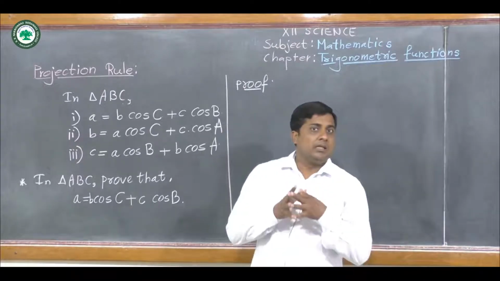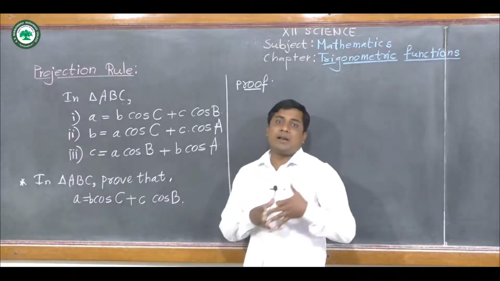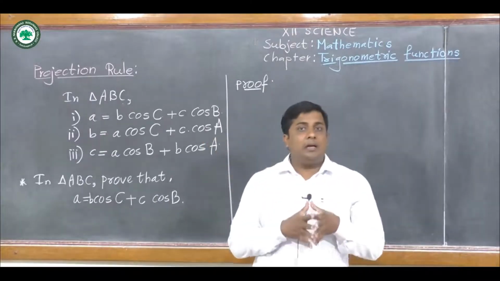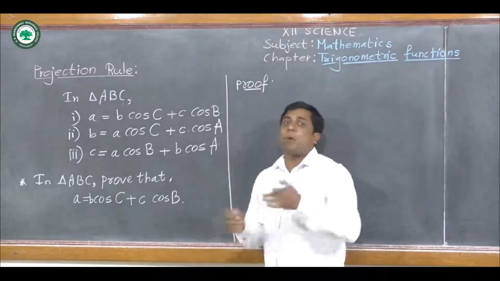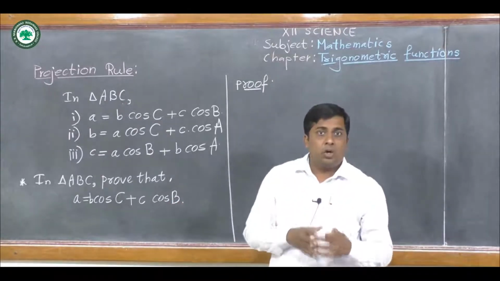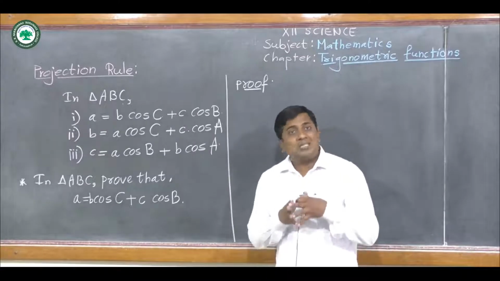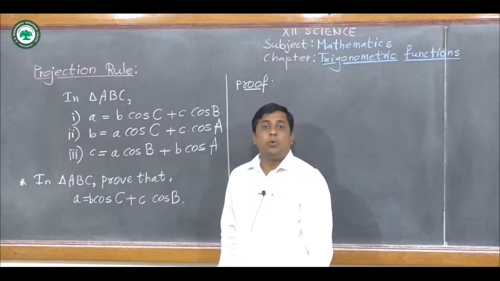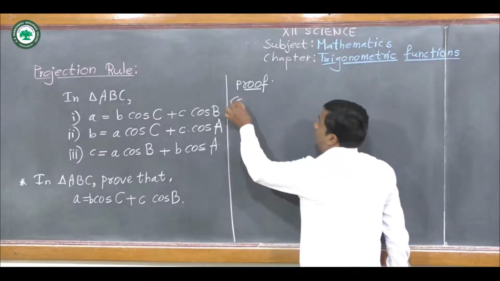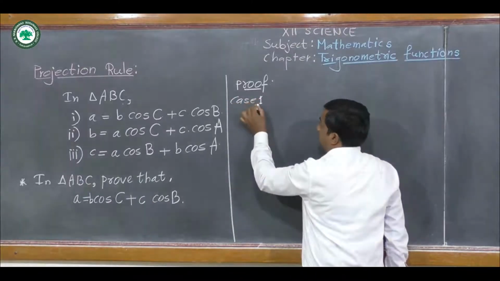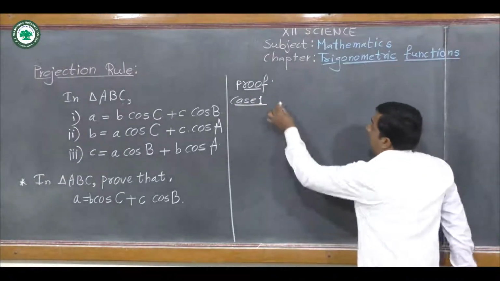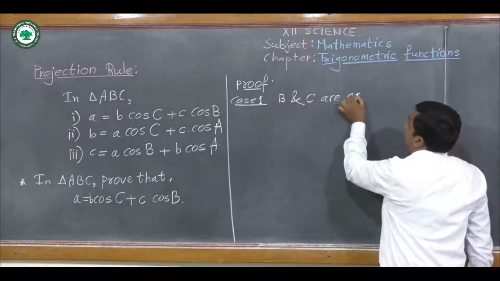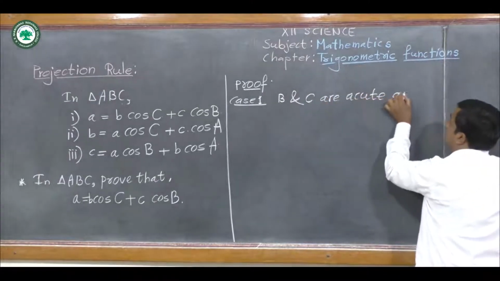For the last, we consider B is a right angle and C is a right angle. We have to consider all these possible cases. So we go with our first case, in which B and C are acute angles.